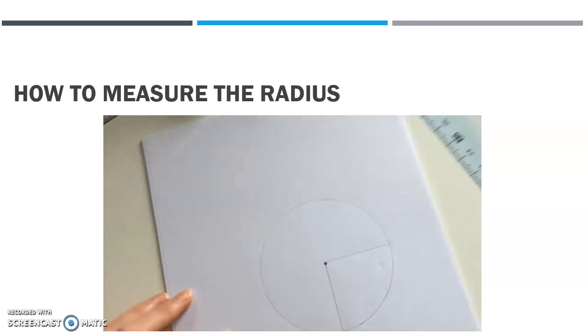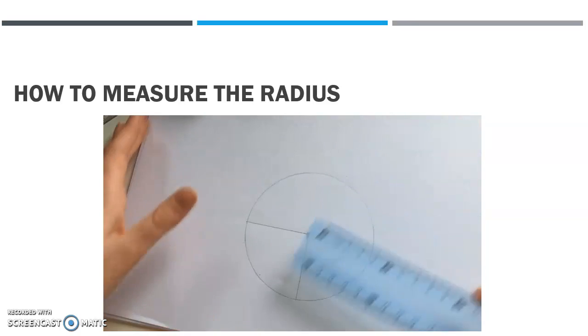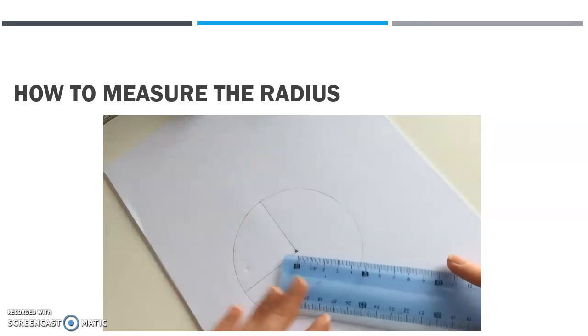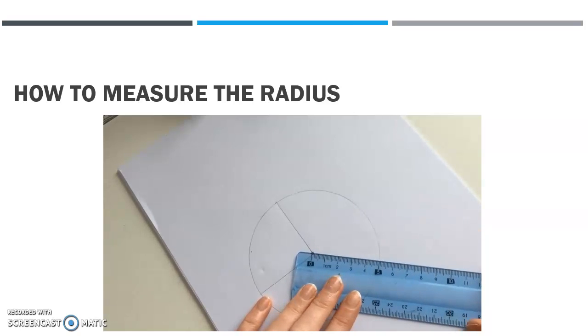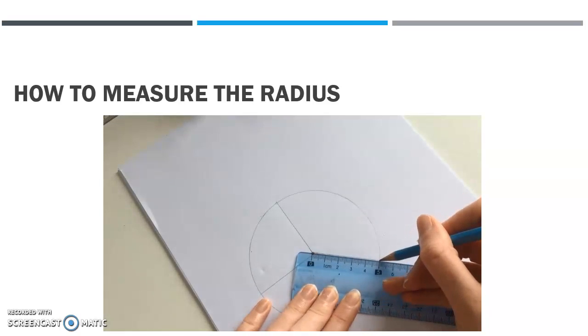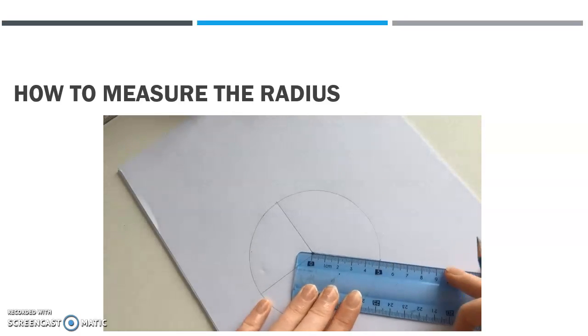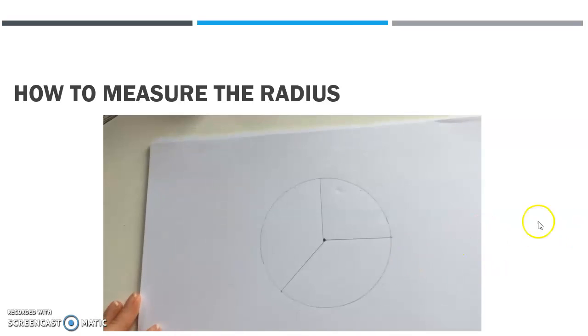Okay, and we'll just do one more just to prove that all radii are the exact same length. Let's see, we'll do it this direction. So I've got my center point, I've got my zero on my ruler, I'm going to line it up really carefully, and I'm going to draw my line, and I can see here that it stops at 5 centimeters on the circumference. So the radius of this circle is 5 centimeters.